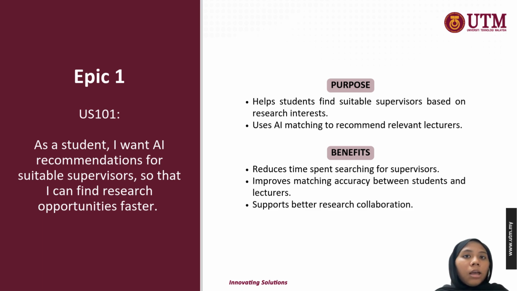Students receive personalized recommendations based on their selected research area. And the main benefits are reducing the time spent searching for supervisors, improving matching accuracy between students and lecturers, and also supporting better research collaboration.